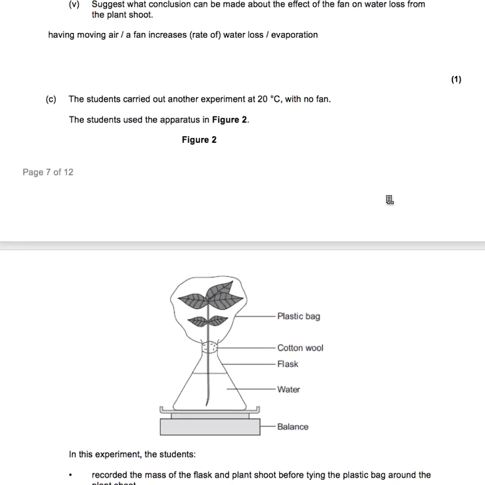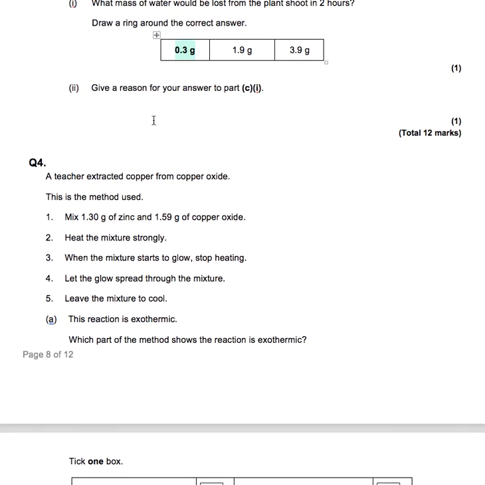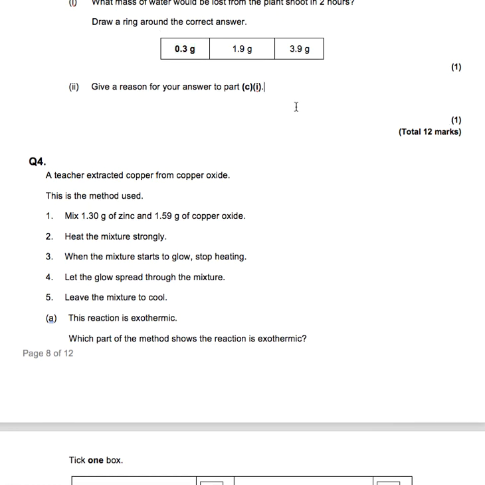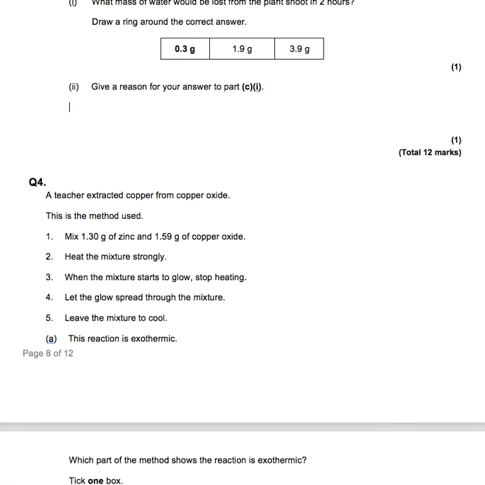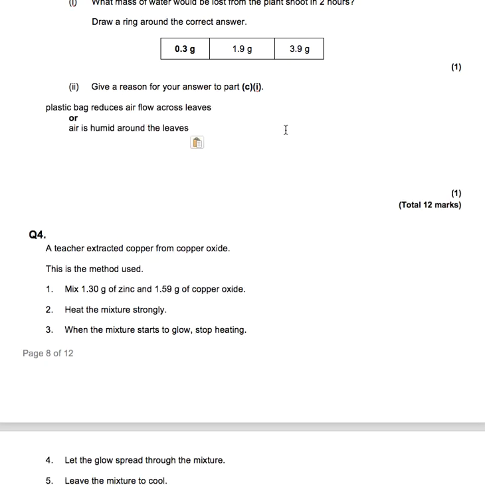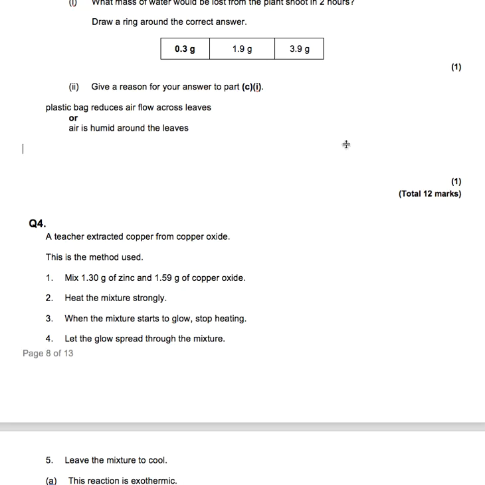So, one reason for that answer, the plastic bag reduces the airflow around the leaves, or you could say that the air is humid around the leaves, and so there is less loss.